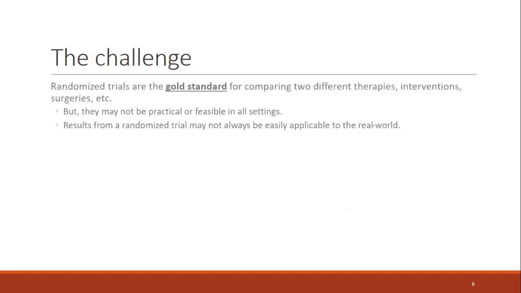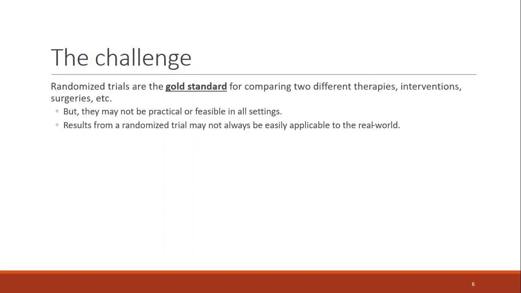All right, so the challenge again, and this is what we face in observational research, is that randomized studies are our gold standard, right? There's no arguing that. If we can do a randomized study, that's the best way to show that a treatment or a prevention effort or a surgery is the best method. And so it's the gold standard, but we can appreciate the fact that they're not always feasible in all settings, right?